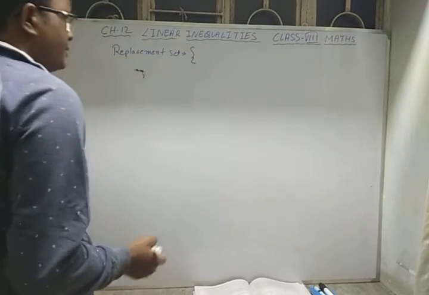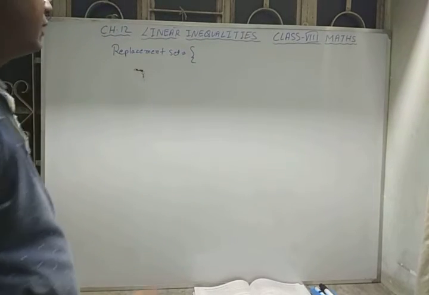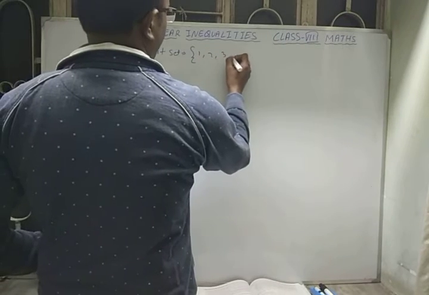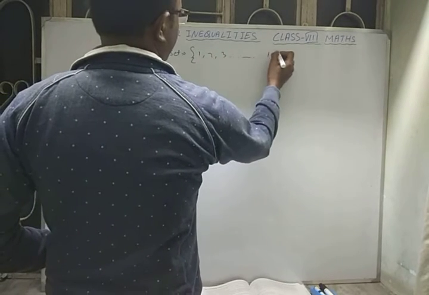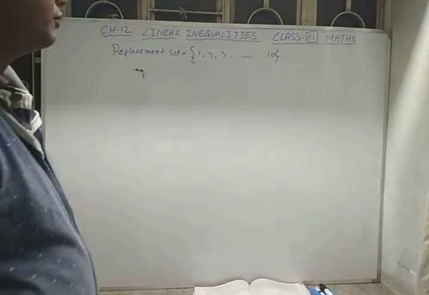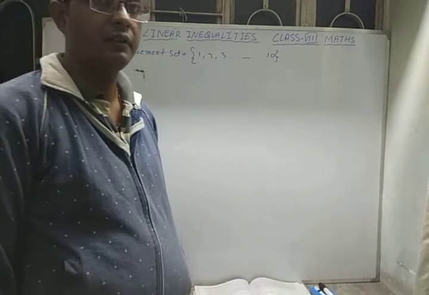Suppose this replacement set consists of all the values of x, say 1, 2, 3 and so on up to 10. From this replacement set we have to choose the answer.